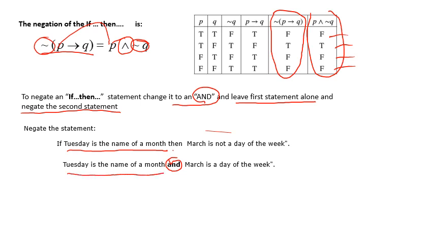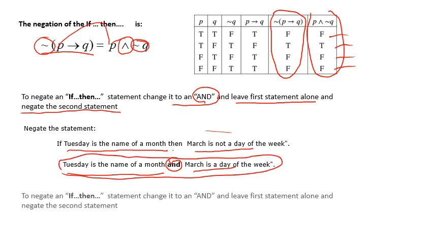But the second statement, we're going to take its negation, its opposite. March is not a day, March is a day. So here is the negation. So, I'll repeat. To negate an if-then, change it to an and, leave the first statement alone, negate the second statement.